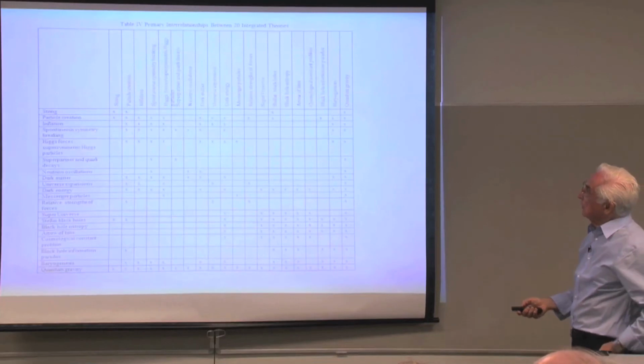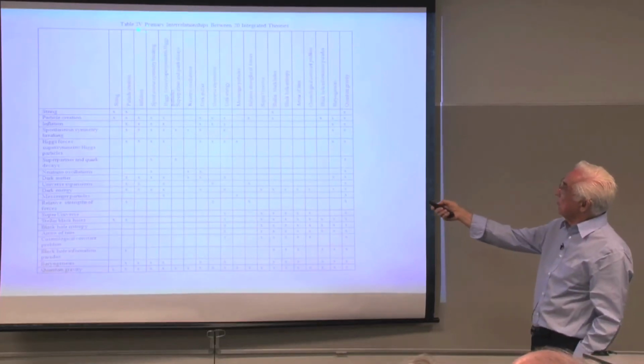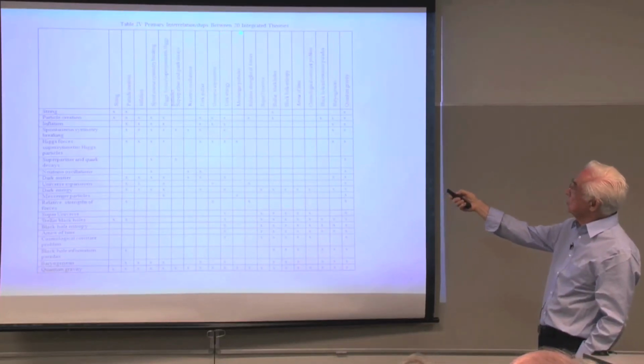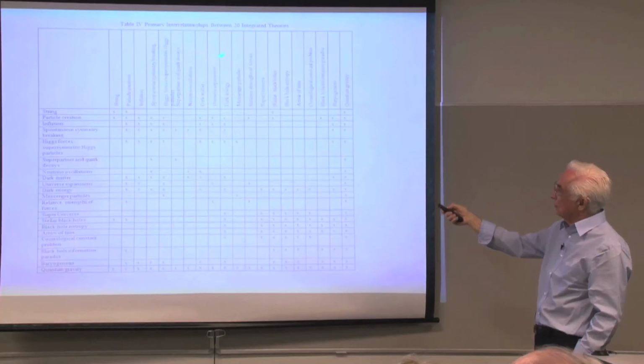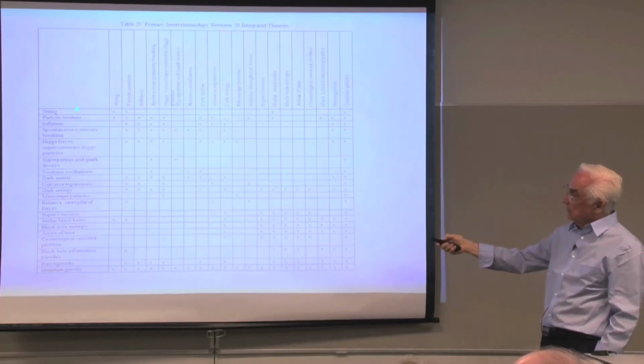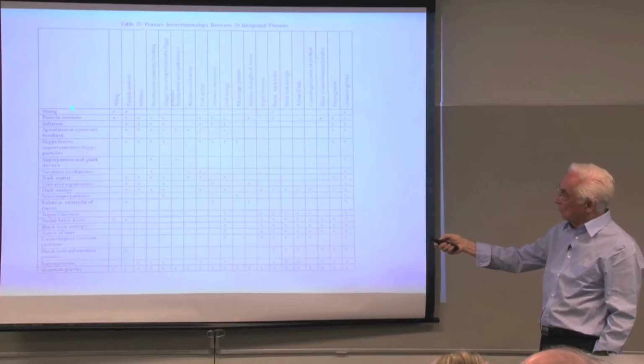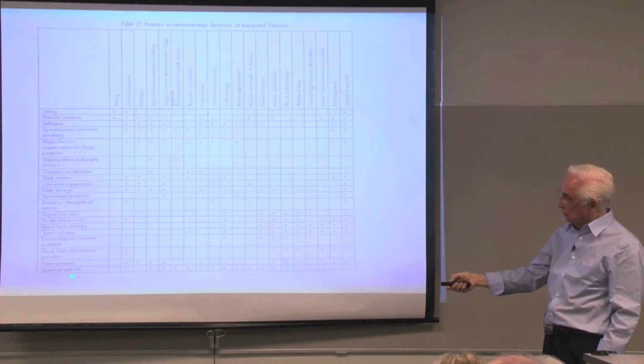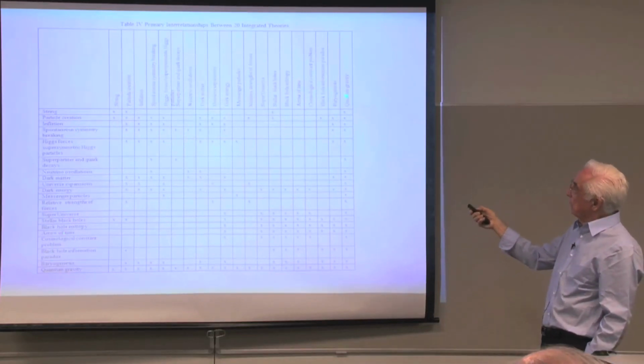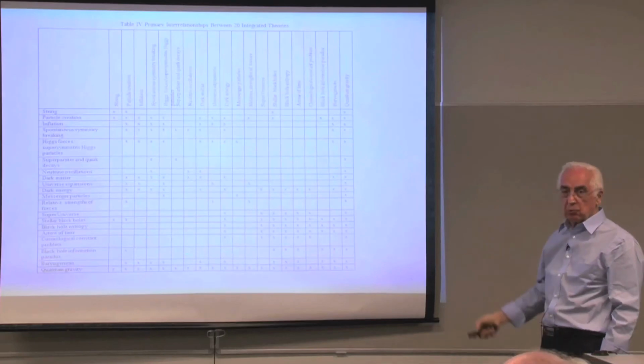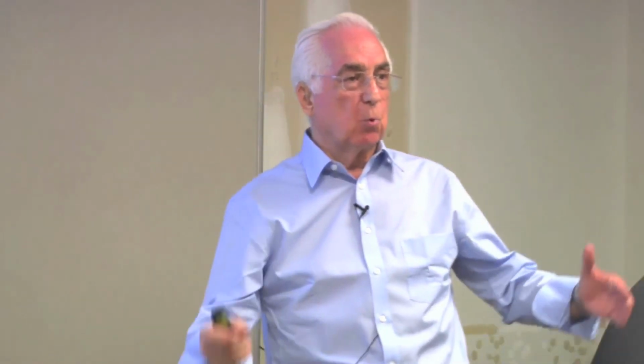I also mentioned at the beginning of the presentation this table of primary interrelationships between the 20 integrated theories. When I started the analysis 7 years ago, I had 20 independent existing theories in the first column and in the first row, and the table was blank because there were 20 independent theories and they were independent of each other.